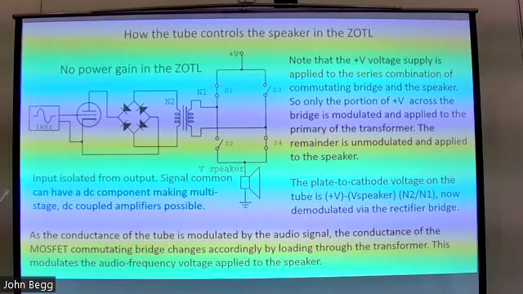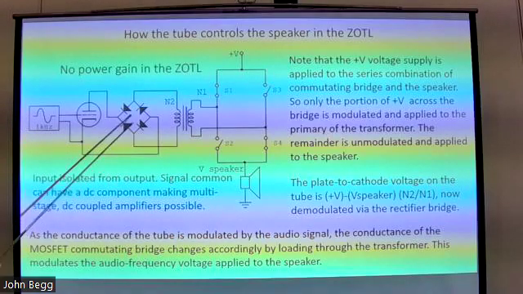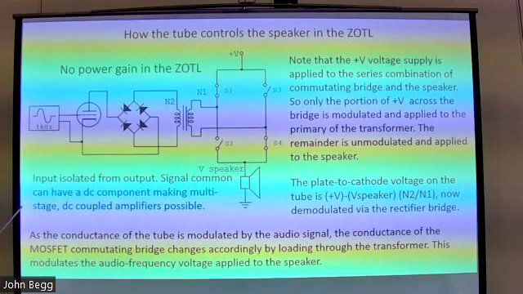There's some features. Input is isolated from the output, just like an output transformer. The reference return for my input signal is not connected to the speaker, or it doesn't have to be. So what this does is you can have a multi-stage amplifier, which you can do DC coupling, because this part is independent. You can have the cathode of the driver tube, or the output tube rather, sitting up at plus 300 volts.